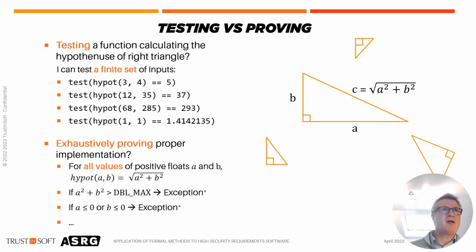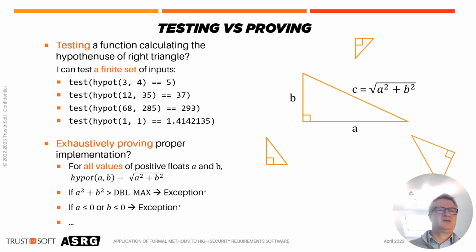Okay, if I want to do an exhaustive, proper implementation, so I want to see that functionally it will always return the right result, I will have to do that with all values of positive floats a and b. And if you want to do functional proof, it will also help you raise the corner cases.